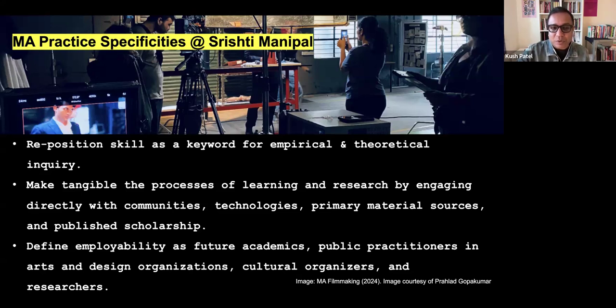And this is what really drives our approach to practice, where we go beyond the binary of skill knowledge where we really make tangible and not dwell in the realm of abstraction, but we really make tangible how we learn, with whom we learn, and with what we learn, and then what becomes of the career in the courses that you pursue as future practitioners.